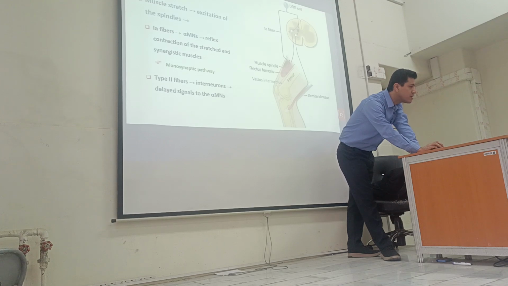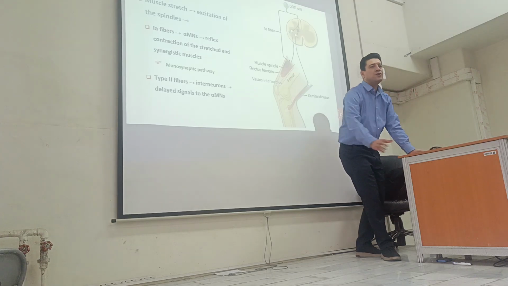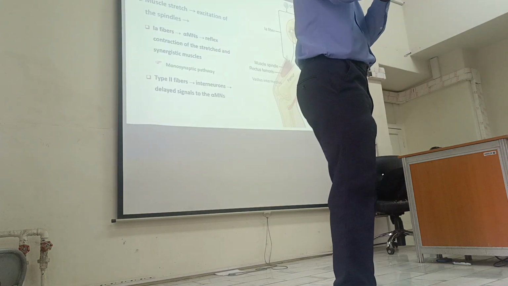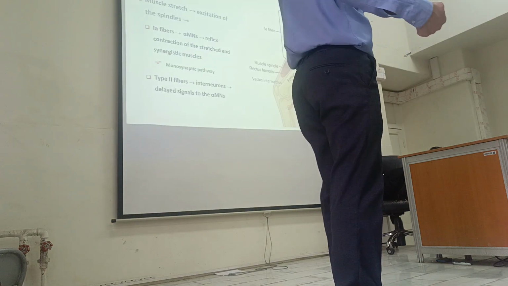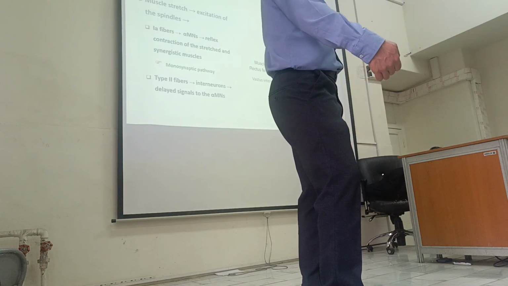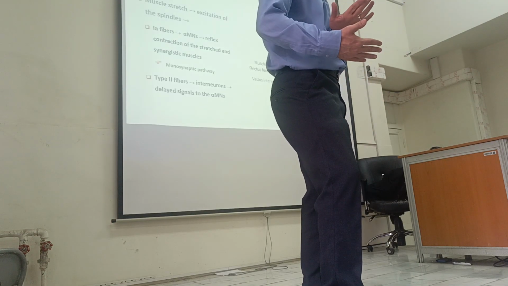So the muscle which is under the stretch is contracted. The second branch activates an interneuron which is inhibitory. It inhibits the alpha motor neuron that goes to the opposite muscle. It causes relaxation. Right? So when you stretch the extensor of the knee, it contracts.